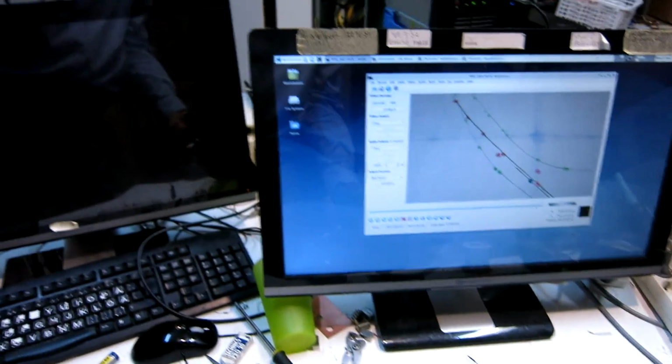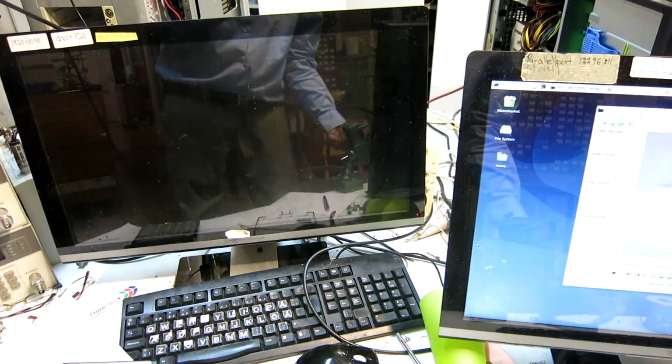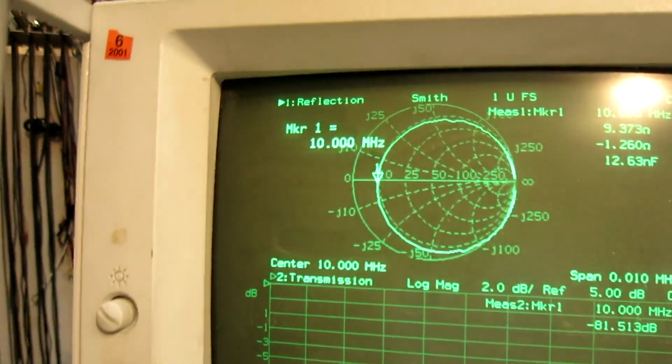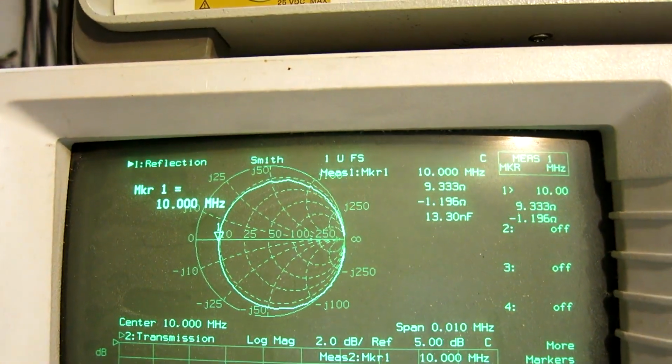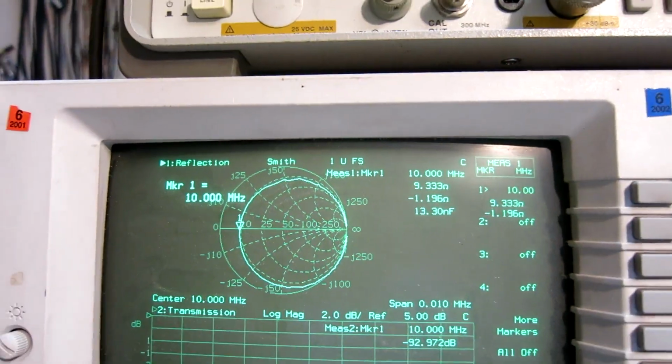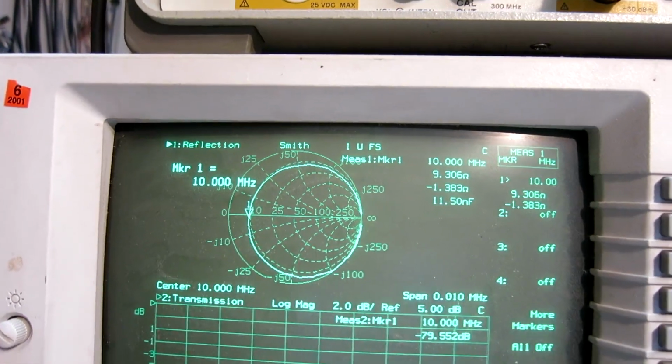But I have a short here, and I place that on the output of the filter, and now we see that the series impedance in the crystal is only 9 ohms. So it's a high Q crystal.